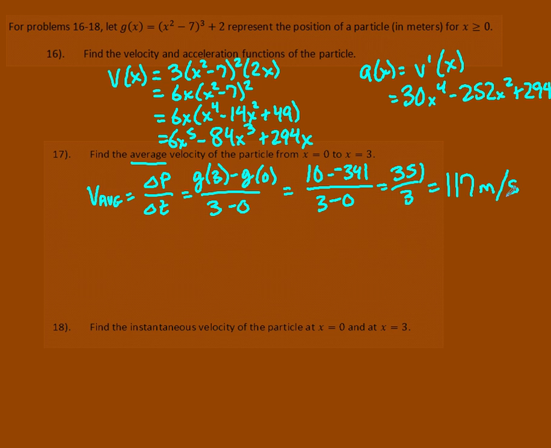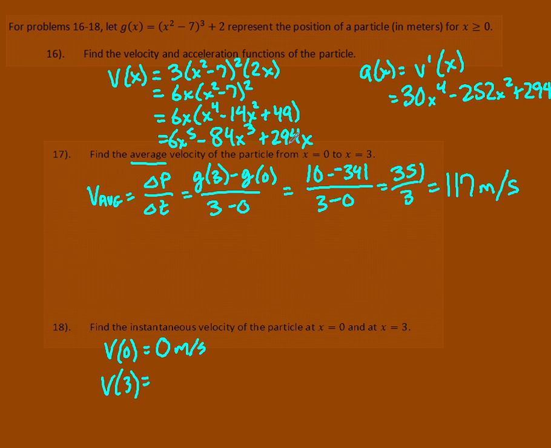Okay, and number 18, the instantaneous velocity at x equals 0 and x equals 3. If I want instantaneous velocity, I'm literally just plugging those points into my velocity equation. When I plug in 0, it's easy to see that it's just 0 meters per second, because every term will be 0.